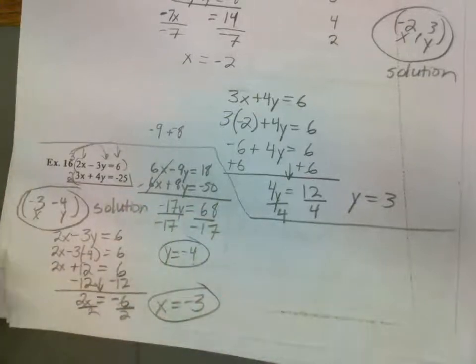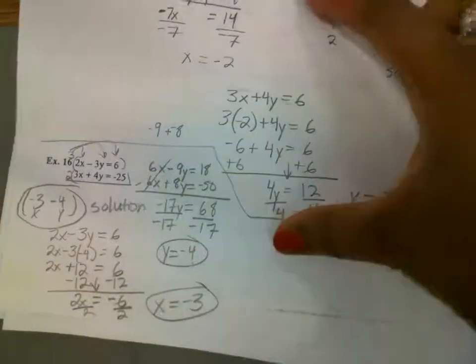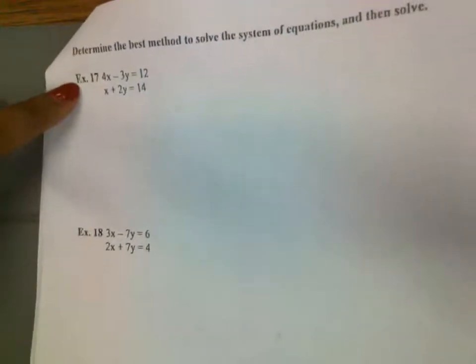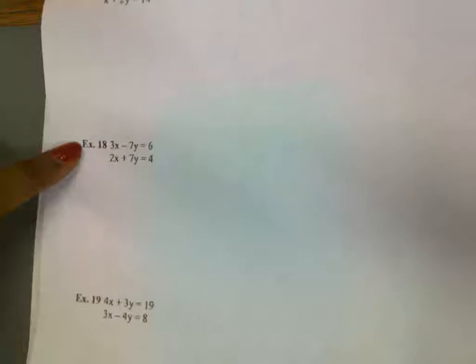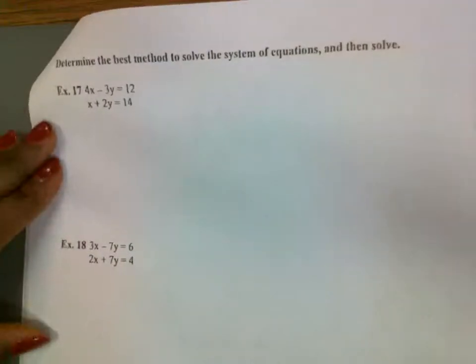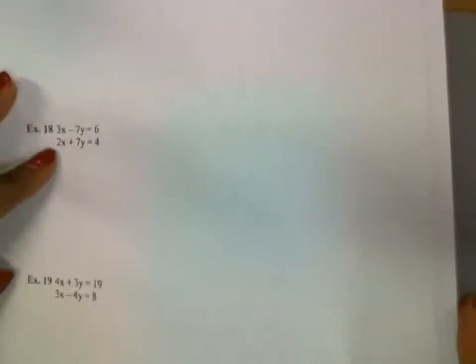Okay? So now what I want you to do, you have 2 examples here. Go back and watch the video if you need to. And I want you to go back to the previous page because you know these pages were kind of out of order. My apologies to that. And go back and do example 17, 18, 19, and 20. You can use any method that you want to use to solve these problems.